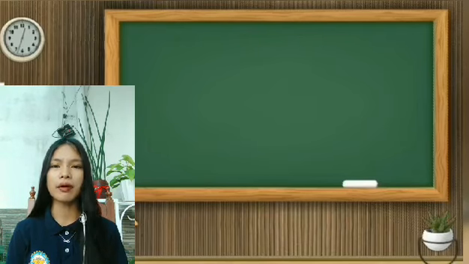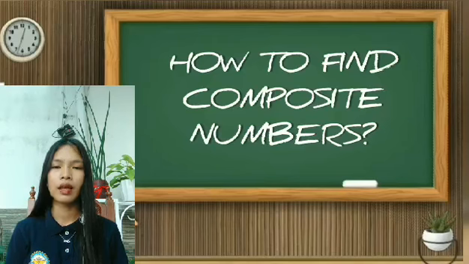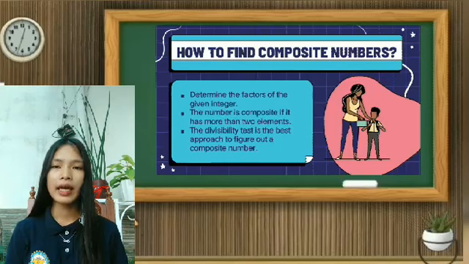Let's look at some of the key characteristics of composite numbers. How to find composite numbers? To find a composite number, we must first determine the factors of a given integer. Second, the number is composite if it has more than two factors.